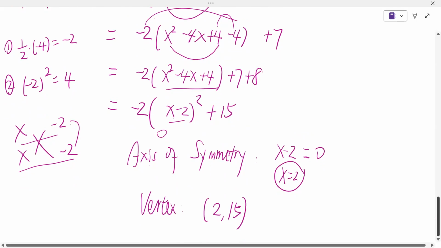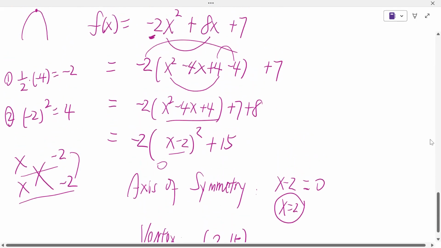Okay, very good. So I guess, how did you get 7 plus 8 on the second step? How do we get that, right? Yes. Why is it 7 plus 8? Okay, very good question. So you see, when you multiply -2 by -4, you get +8. Now basically you're moving this term outside. You see -2 times -4, you get +8.